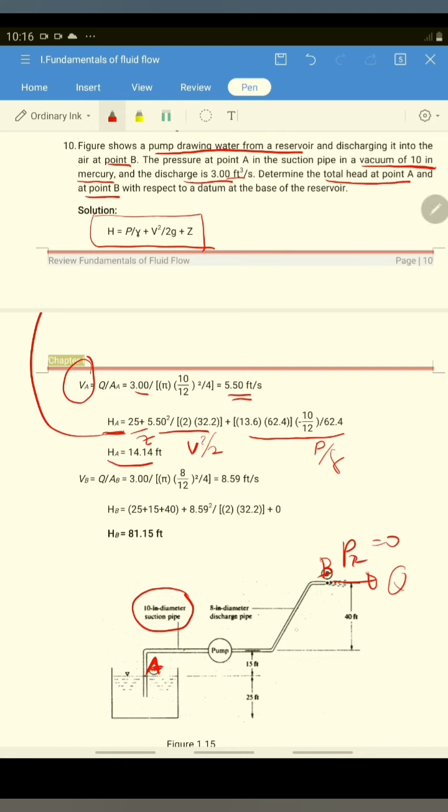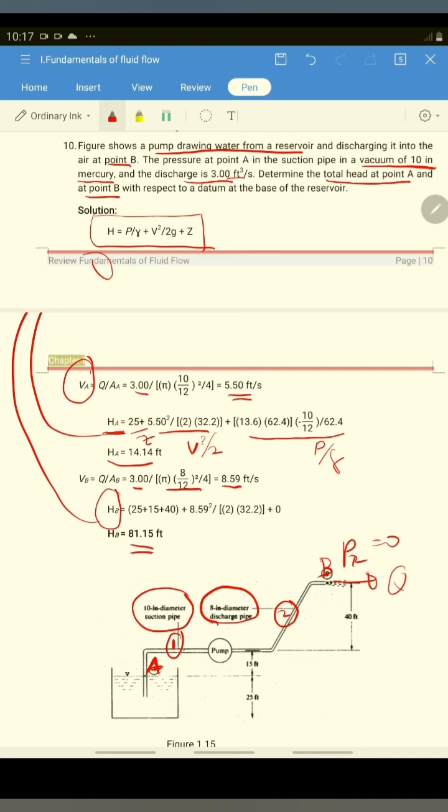Since the diameter at section 2 is also given, and the Q from pipe 1 to pipe 2 are equal, you have 3 divided by the area of flow at pipe B. The velocity at pipe B is 8.59, so you can substitute again into the formula of the head, this one again, to the equation.